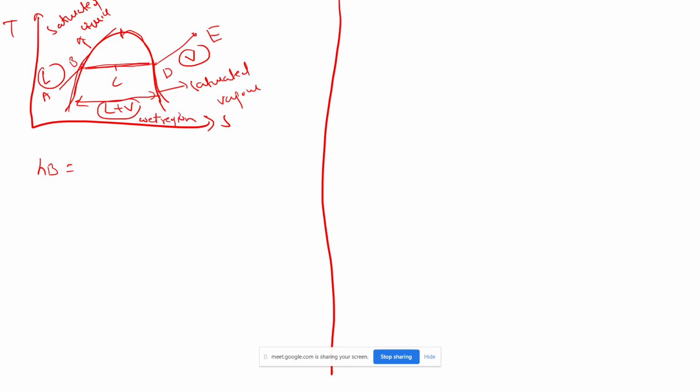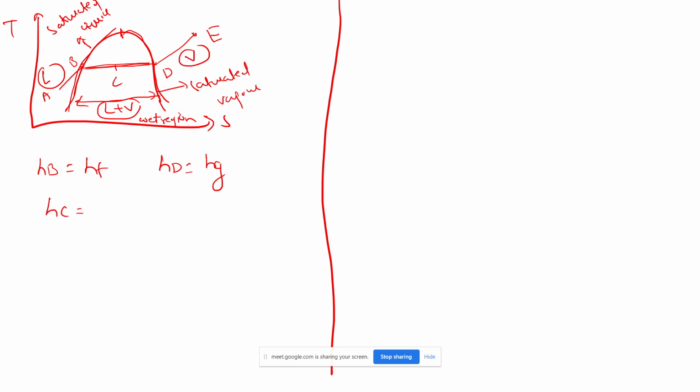So point B is exactly on the saturated liquid line, so it will be exactly equal to HF. Similarly, enthalpy at point D, since it is directly situated on the saturated vapor line, will be represented by Hg. Saturated liquid is represented by F, and vapor is represented by G. Similarly, for a point in between the wet region, how can we calculate directly?